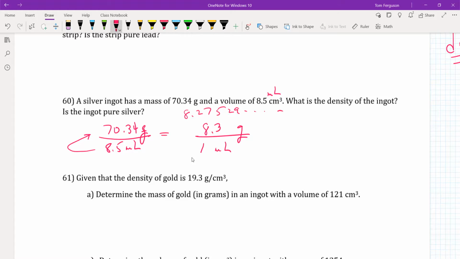Okay, so we go to the third place. That's 5 or more, so we kick up the second place from 2 to 3, so that's 8.3 grams per 1 milliliter. Okay, so that's silver. Okay, if we look up silver density, we can easily find that if we go to the net.